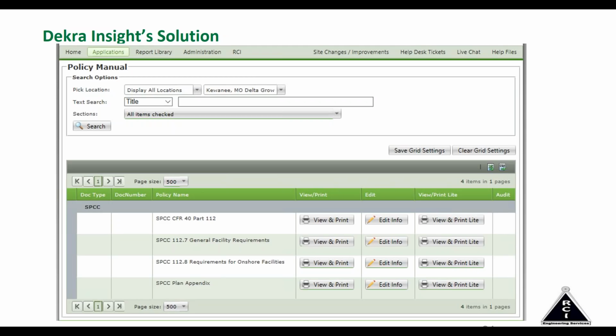We have one question I want to loop back to. The question is, I thought at one time there was a proposal to eliminate the 1,320 gallon requirement and just start compliance at 10,000 gallons. That proposal, I believe, was submitted by Farm Bureau.